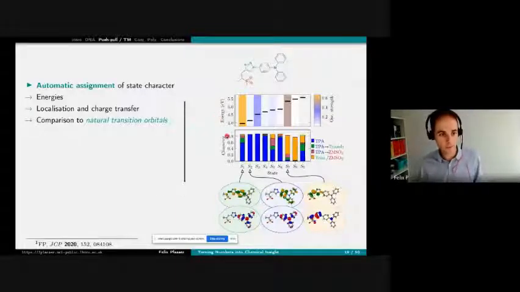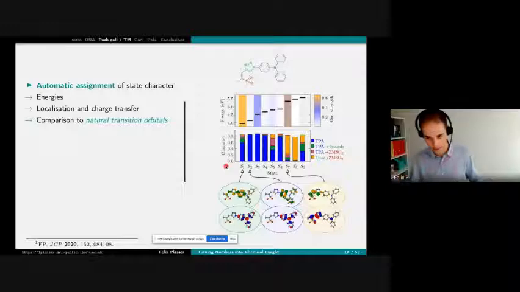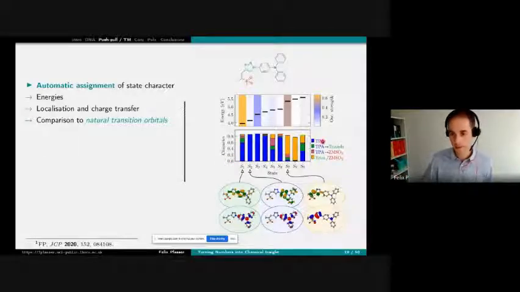Then the next thing that we're trying to look at is the localization and charge transfer. And here again, this charge transfer number analysis comes into play that I talked about in the last slide, or in the DNA bit. For example, we might have an excitation that starts on triphenylamine and ends up on triphenylamine.